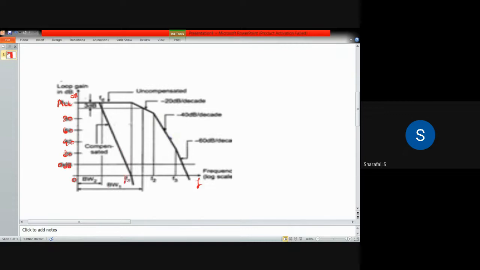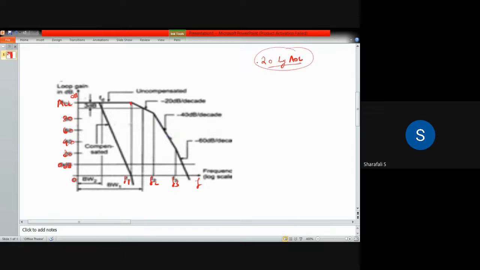So this is your first cutoff frequency f1, f2. We are looking at any change in our gain. We already told in the last class how this can be converted into dB. So in the first line we get 20 log of A0, or AOL, that we will be getting.